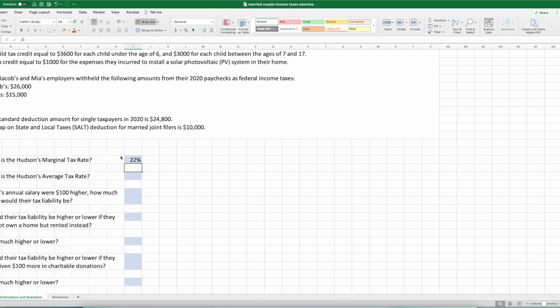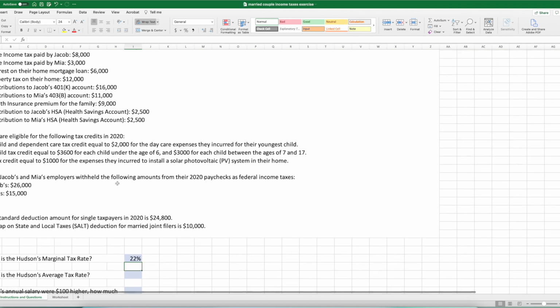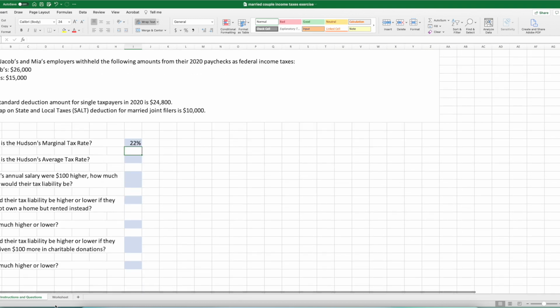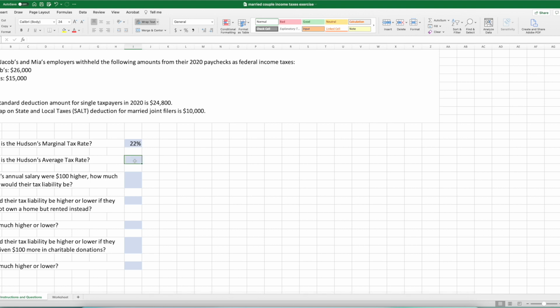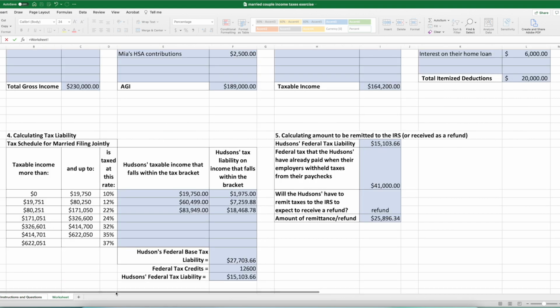Okay, what is the Hudsons' average tax rate? So you'll recall that average tax rate is your tax liability divided by your taxable income, expressed as a percentage. So let's convert this into a percentage format and insert the formula for calculating it. Okay, so what is their tax liability?